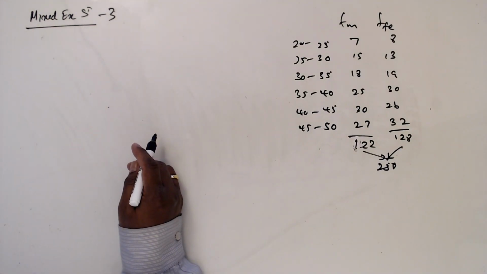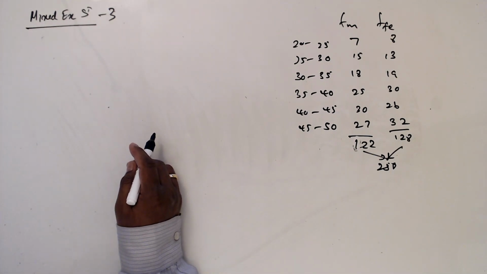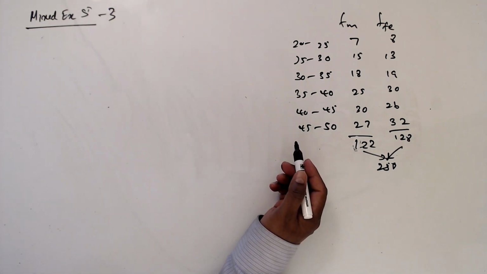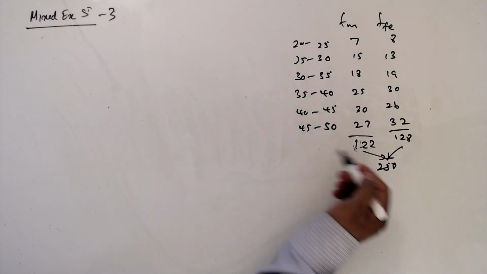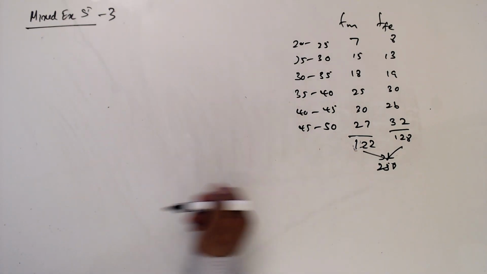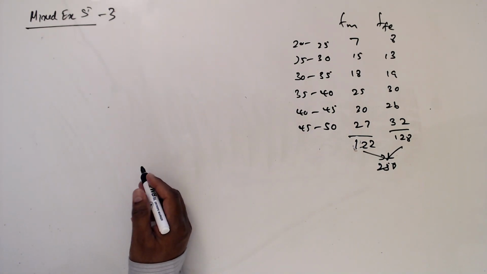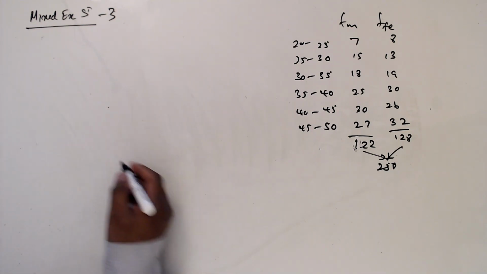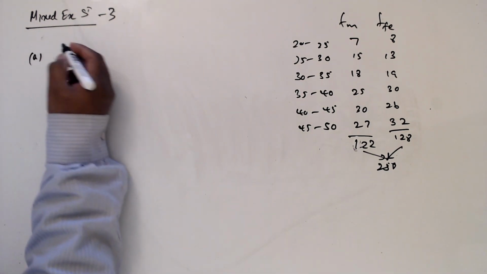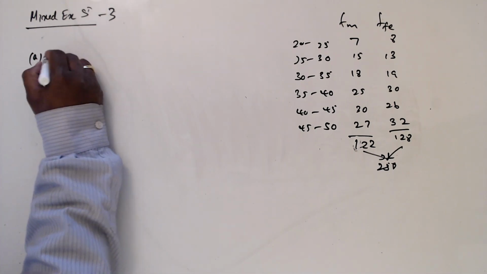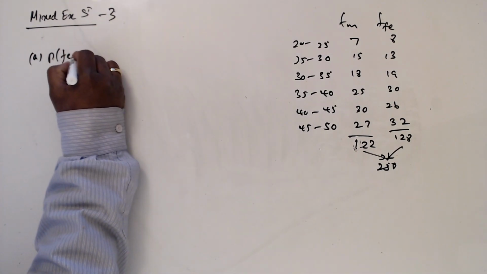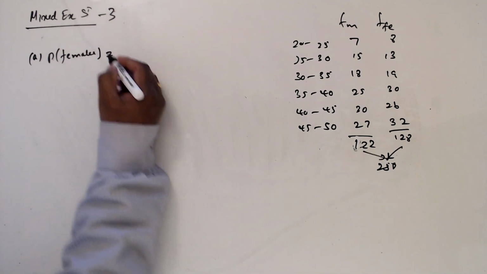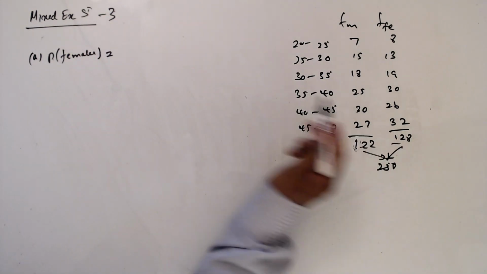Question number 3. This is a score of 250 students. Find the probability that a student is female. So probability of female is total number of females, 128.